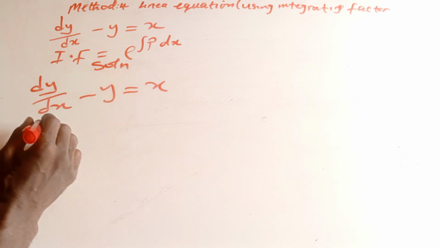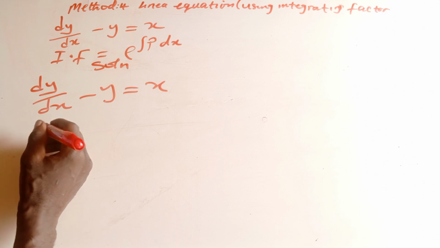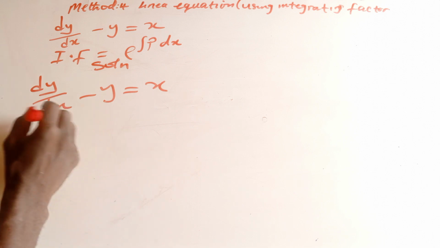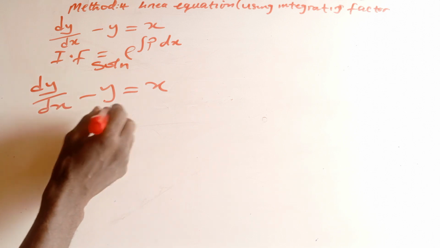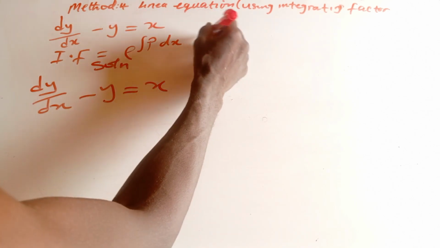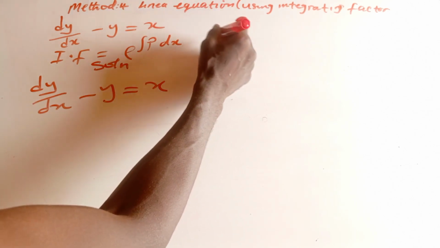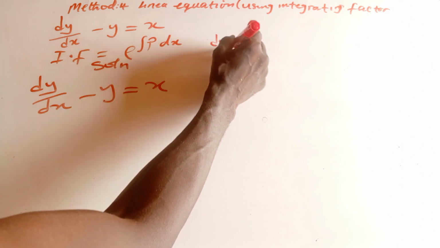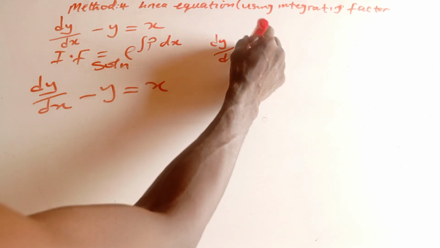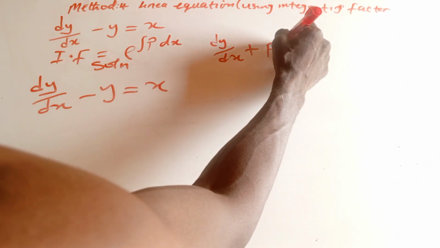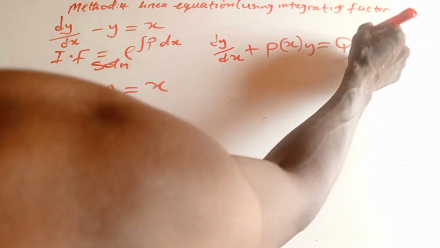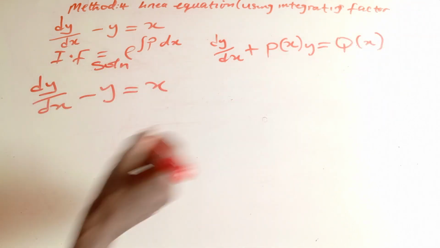Then in this case we are going to compare it with the general form. The general form says dy/dx plus p(x) y is equals to q(x).